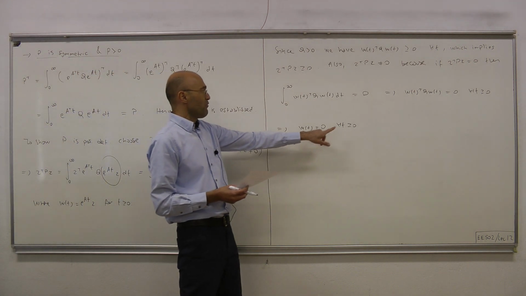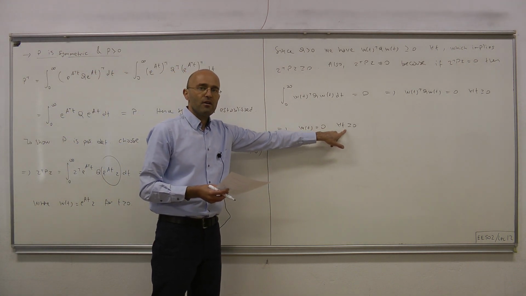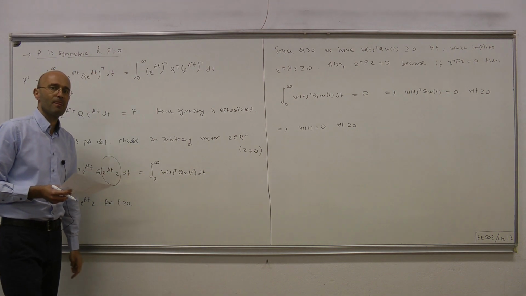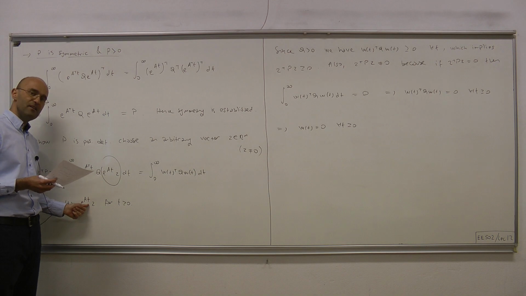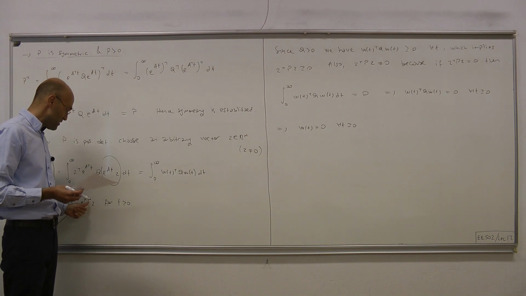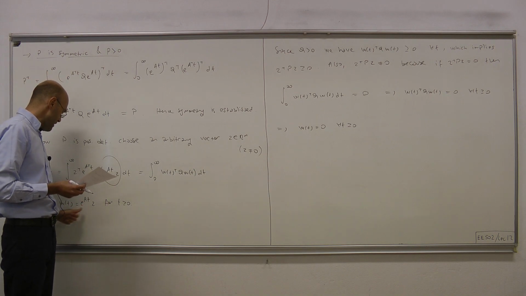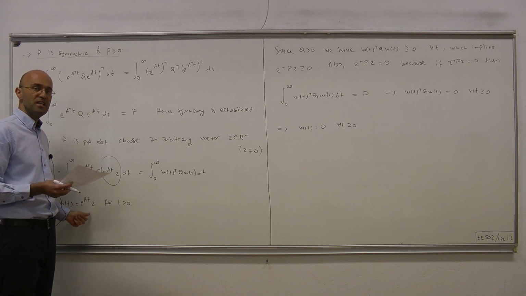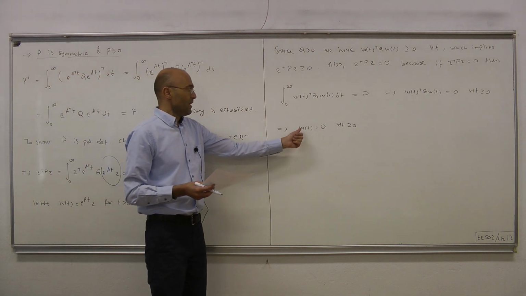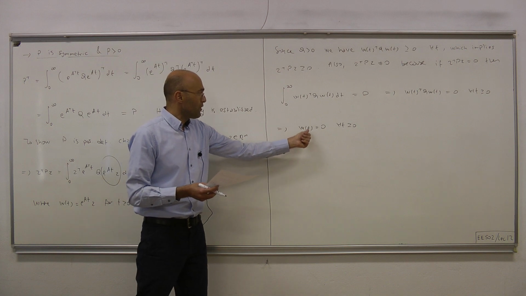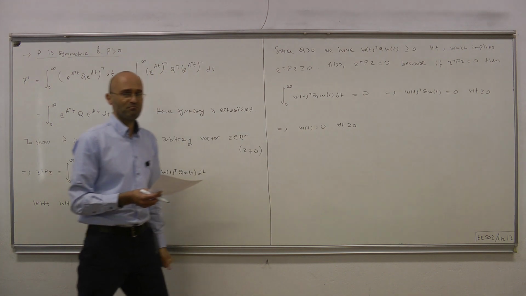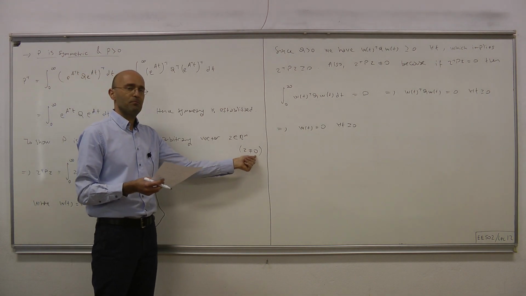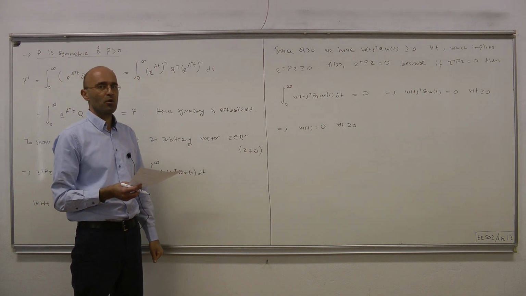If this is 0 for all times, clearly it's 0 for t equals 0. At t equals 0, e to the At evaluated at t equals 0 is the identity matrix, so identity times z gives w of 0 equals z. Therefore z must be 0, but z cannot be the 0 vector. So that's a contradiction.